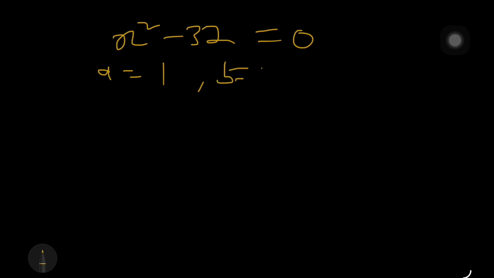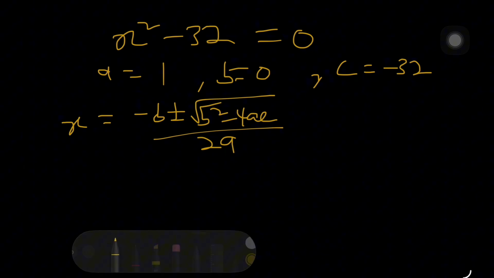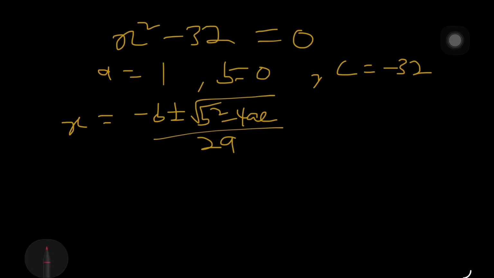For b, there's no term containing x, so we say our b is 0, and then our c is equal to negative 32, meaning that in our quadratic formula x equals negative b plus or minus square root of b squared minus 4ac all over 2a, we have all our values, and we just substitute them inside.